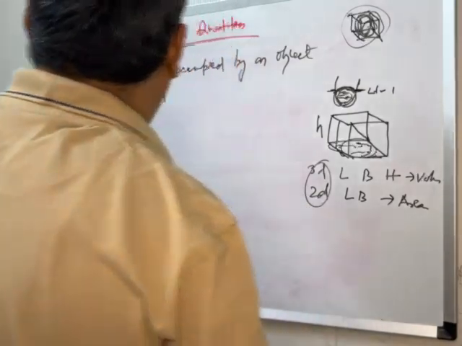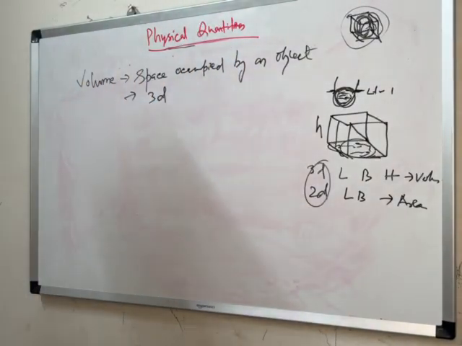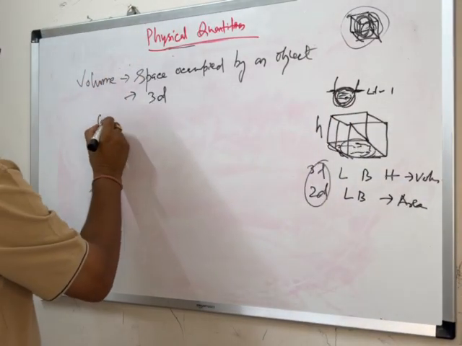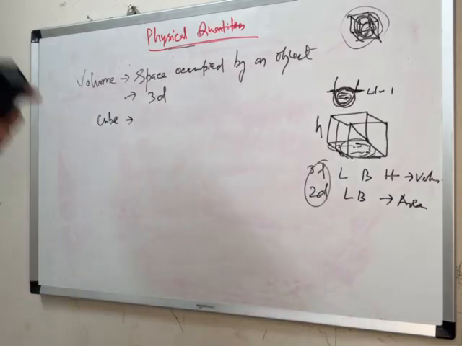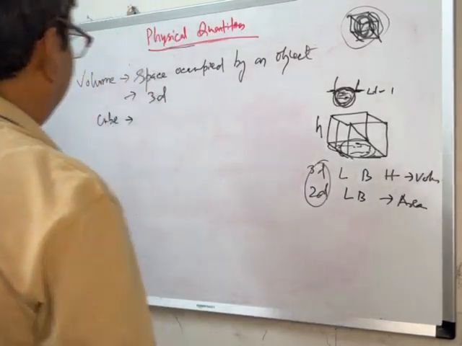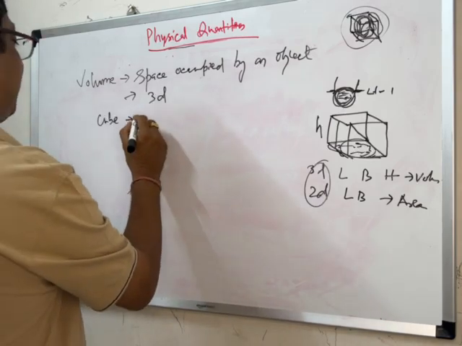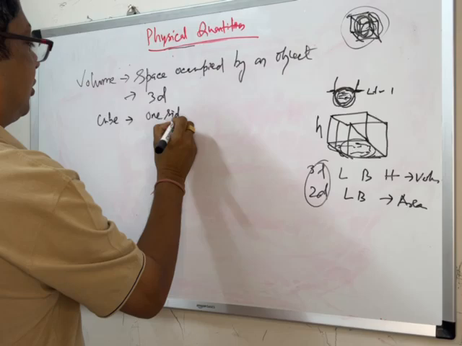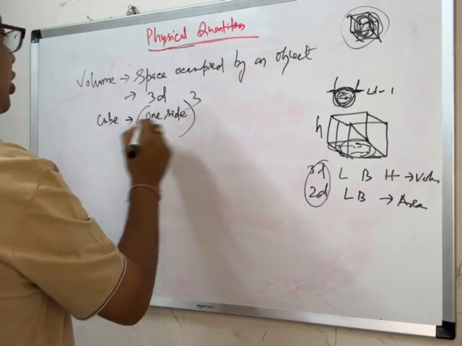Let us come to calculate. How will we calculate the volume of anything? Suppose you have a cube, where length, breadth and height are all the same.